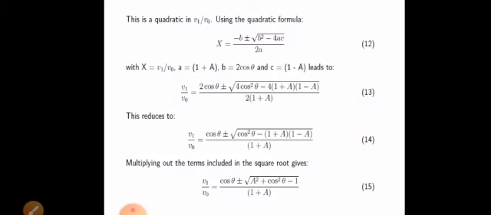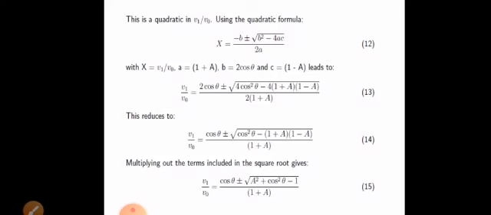Then this equation reduces to: you can cancel out the common terms. This 4 can be taken out of the square root, and 2 and 2 can be cancelled in the denominator and numerator. v1 by v0 will become cos theta plus or minus square root of cos square theta minus 1 plus a into 1 minus a, divided by 1 plus a. Now this is equation number 14.